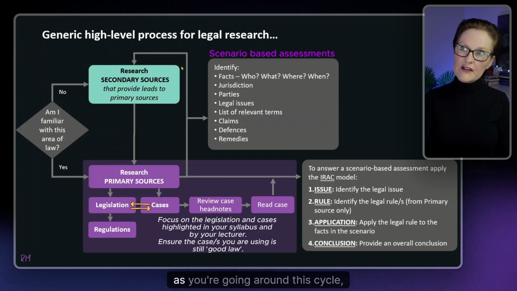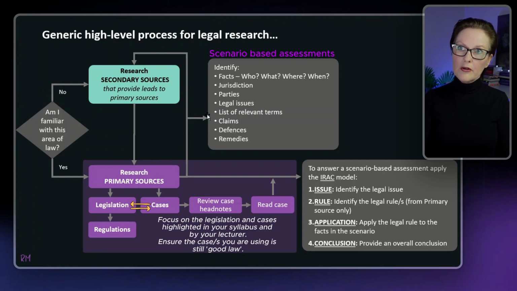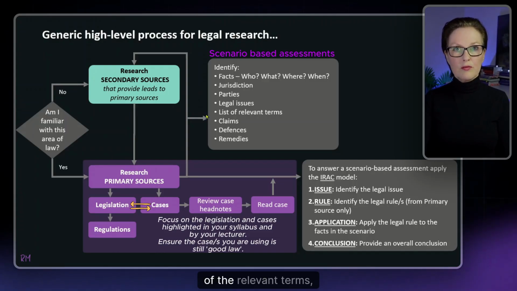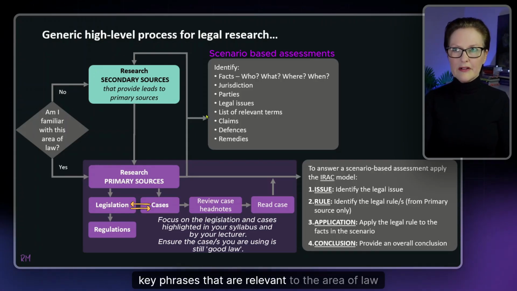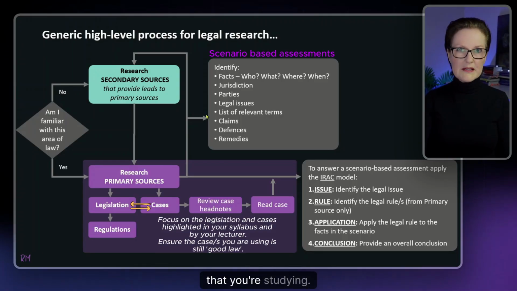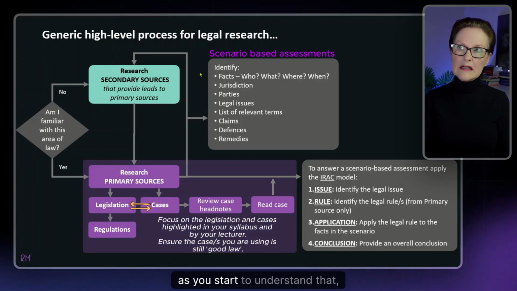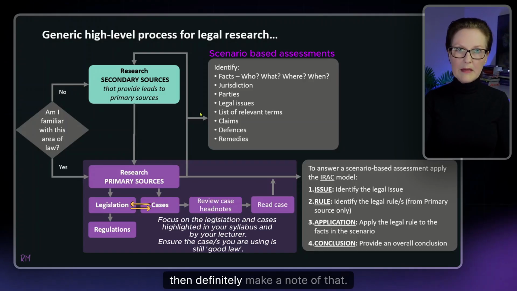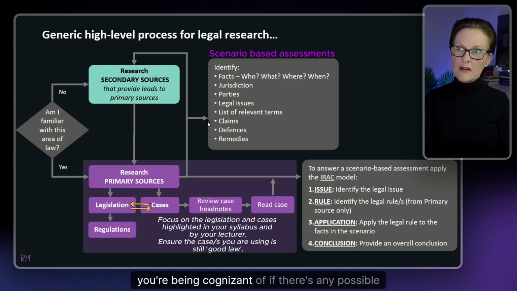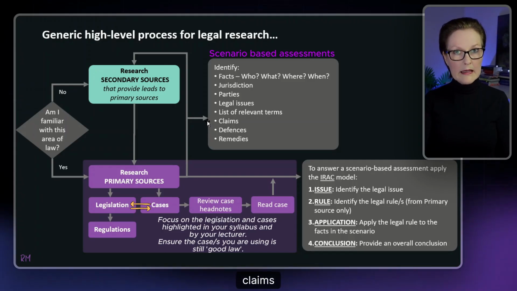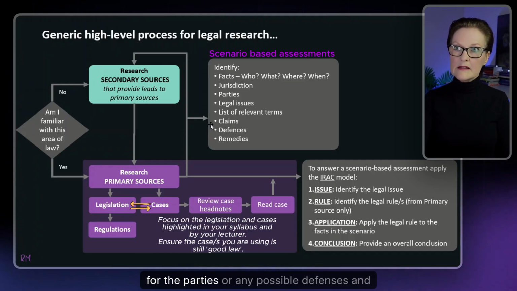And of course, as you're going around this cycle, you'll also start to become very aware of the relevant terms, keywords, catchwords, key phrases that are relevant to the area of law that you're studying. So as you start to understand that, then definitely make a note of that. And of course, you're being cognizant of any possible claims for the parties or any possible defenses and possible remedies.